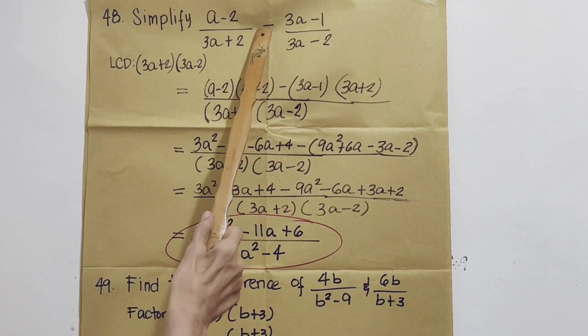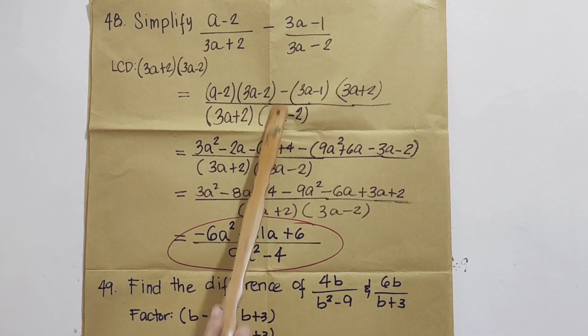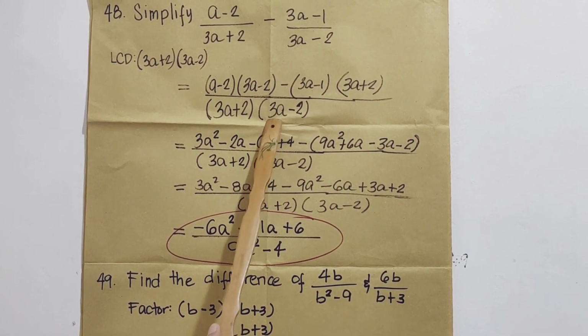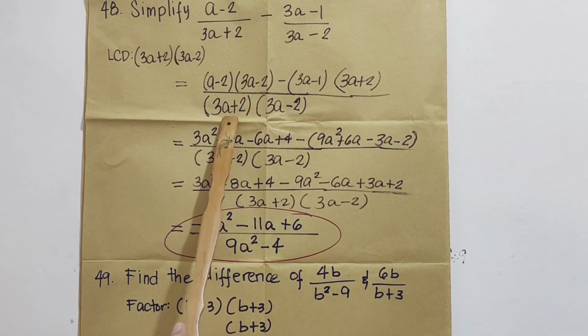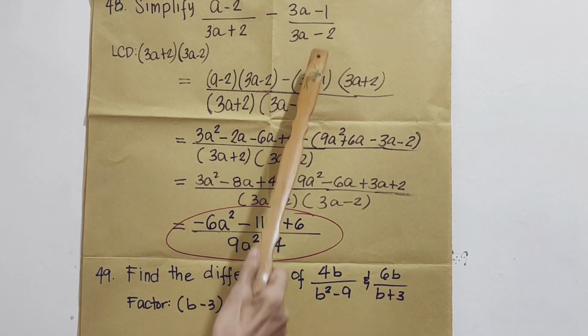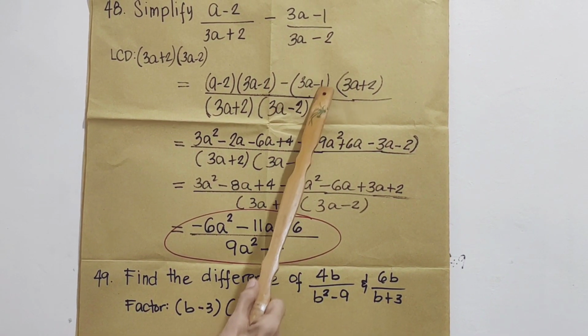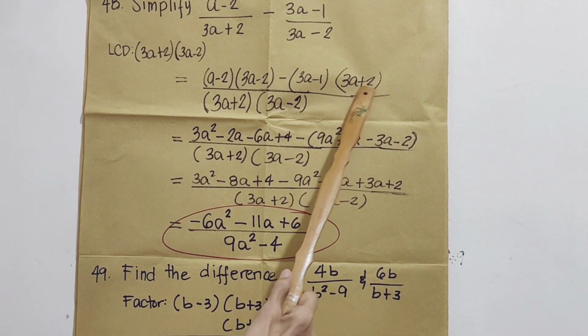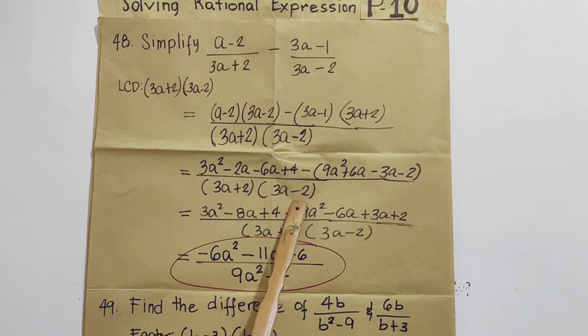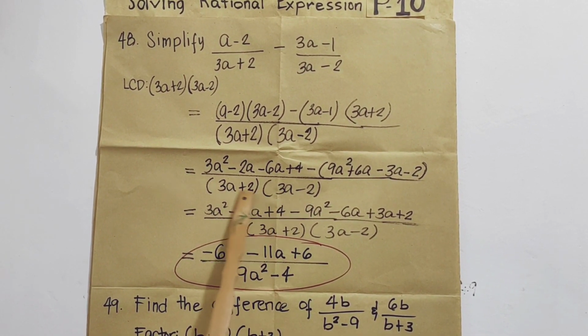Then since it is subtraction, we copy the sign first. Then we divide by this denominator here, cancel, and the remaining is 3a plus 2. Then we multiply it to the numerator. So that's why we have 3a minus 1 times 3a plus 2. Then draw a line again, then copy the denominator and simplify.